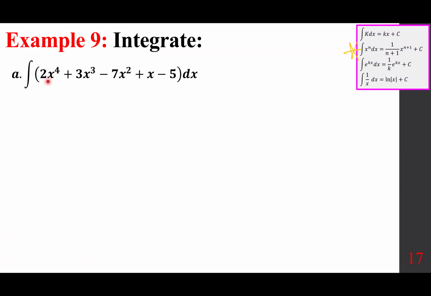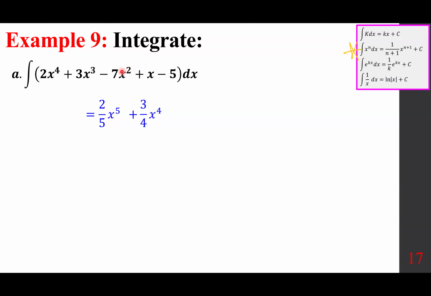This one, 2 over 5 x to the power of 5. Actually, we had that in the previous. This one, add 1, we get 4: 3 over 4, x to the power of 4.